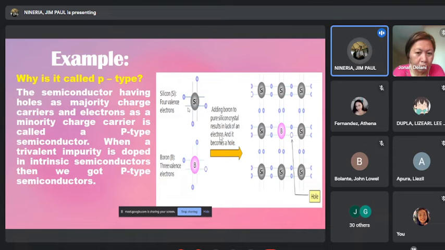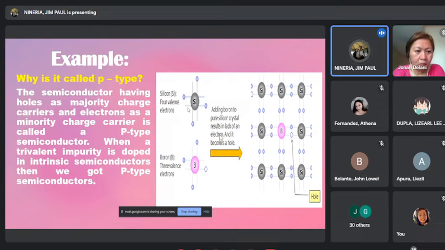And boron has 3 valence electrons, since it belongs to group 3, meaning trivalent. The phosphorus is pentavalent, meaning it has 5 valence electrons. So it is doped and combined into the structure. As you can see, since it is deficient by 1 electron, it becomes a hole.